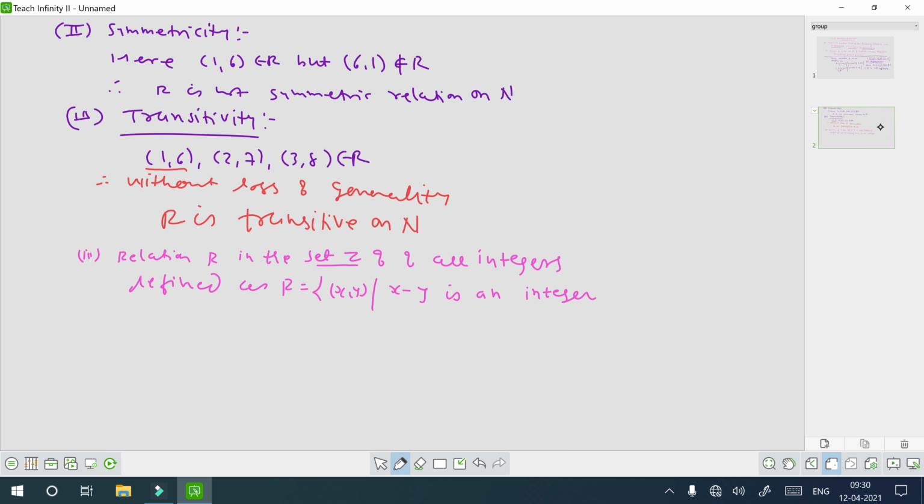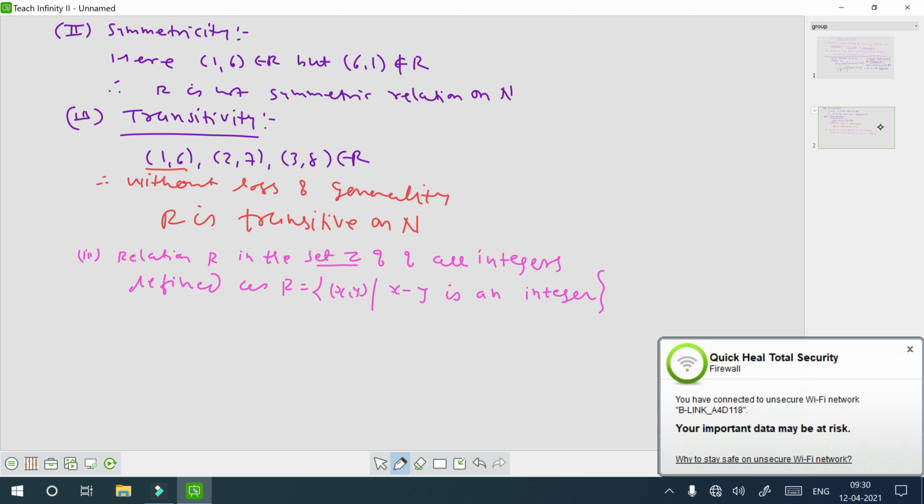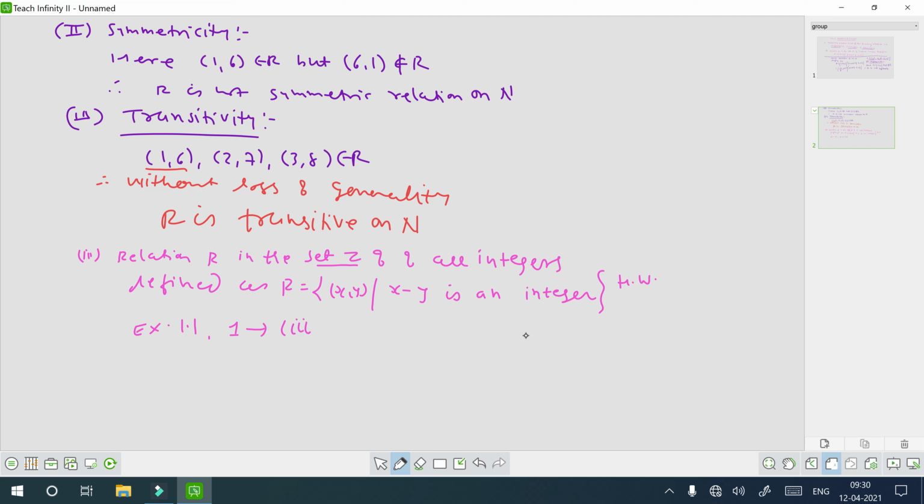So how to check it? x minus y is an integer, that is x minus y is equal to k, k belongs to Z. So I would like to leave this sum for you. And exercise 1.1, first example, subpart 3 is also for you. That is for homework.